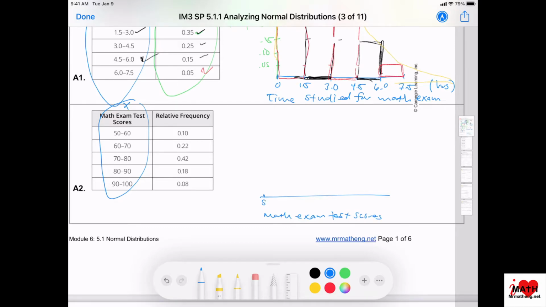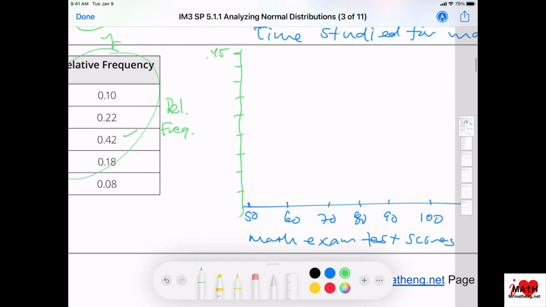And I have starting at 50, 60, 70, 80, 90, and 100. Equally spaced. This is the y-axis, so I'm going to call this one relative frequency. And the highest number I see there is 0.42. So maybe like 0.45. 1, 2, 3, 4, 5, 6, 7, 8, 9. Okay, so that would be counting by fives. You could do something like this to save yourself some time. And then you know the tick mark in between is just like a 10.